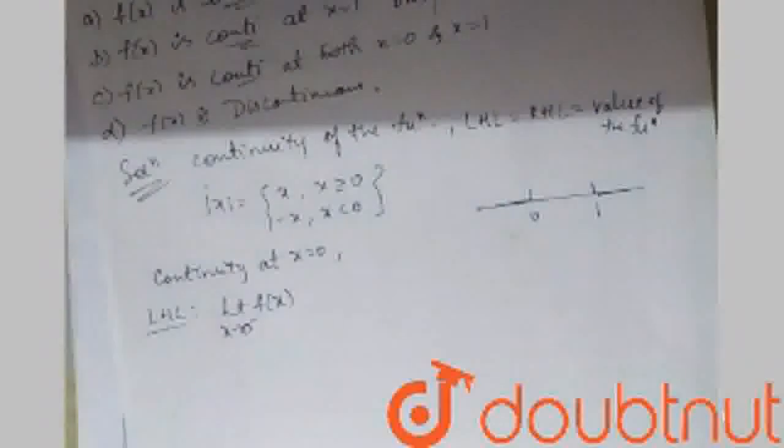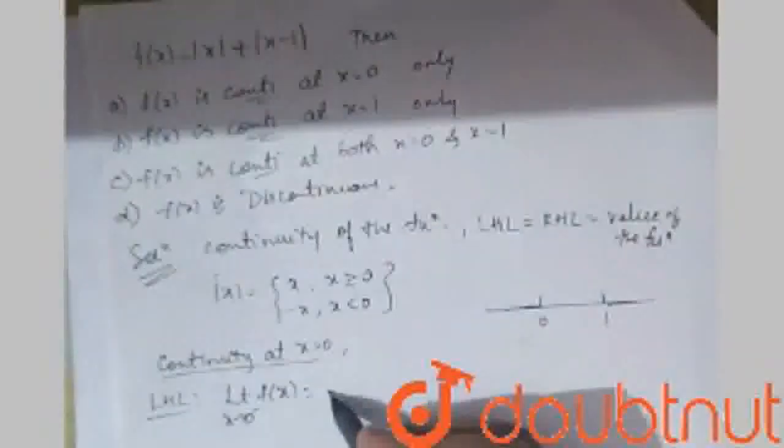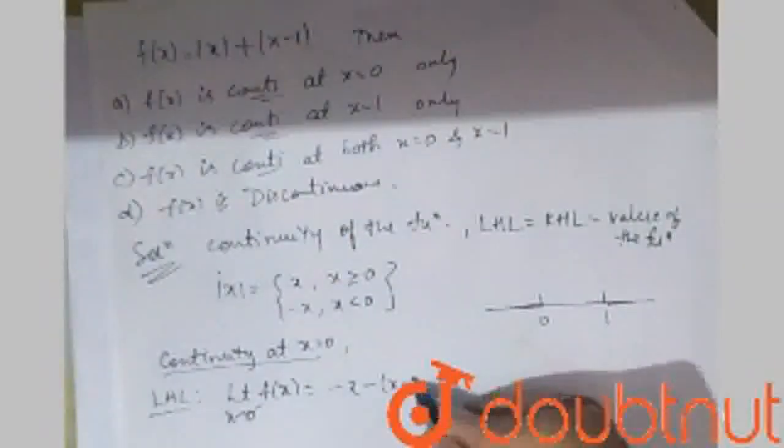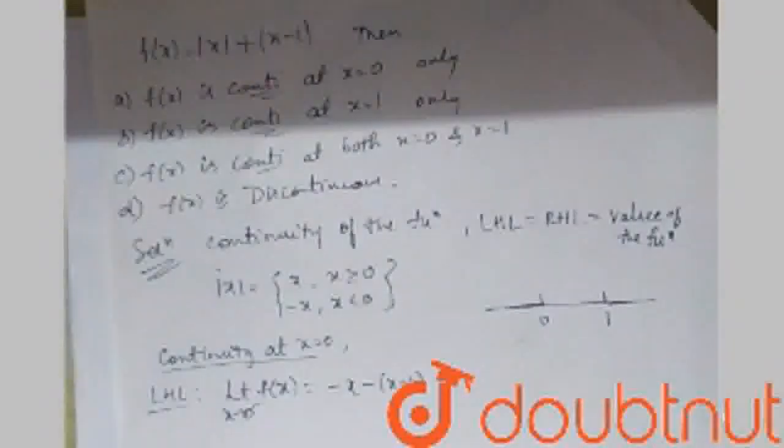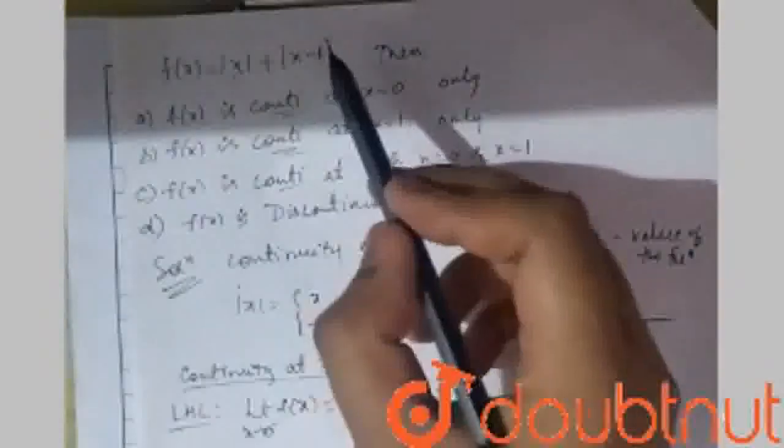For 0 minus, mod x becomes negative, and similarly mod of x minus 1 is also negative, because mod x equals x only when x is greater than 0, and x minus 1 is positive only when x is greater than 1.